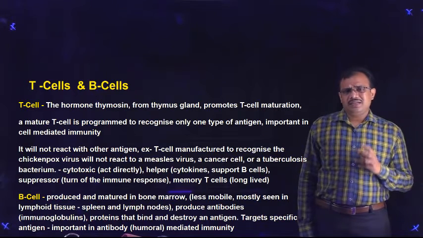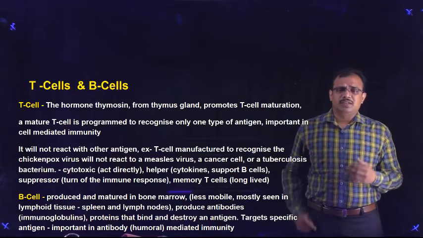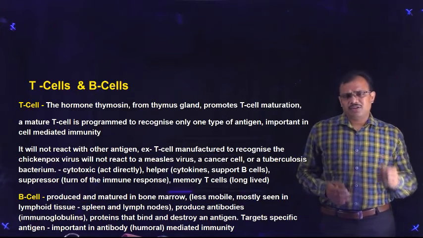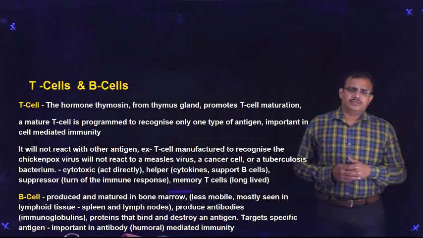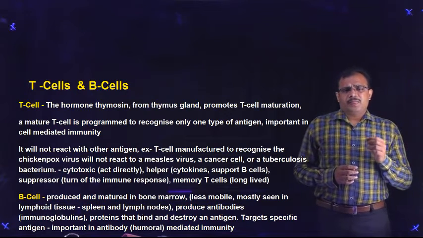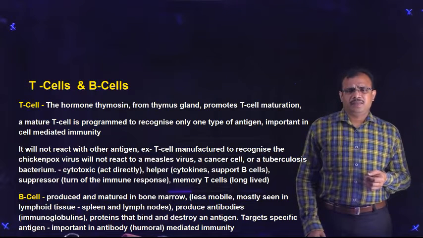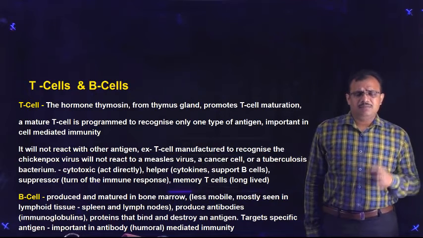Whereas memory T cells are produced and remain in the body for a prolonged time, so that they will recognize that particular antigen if there is a reinfection. For example, if one individual is infected with chickenpox virus, the chances for him to get reinfected will be very less. This is because of the presence of memory T cells within the bloodstream.